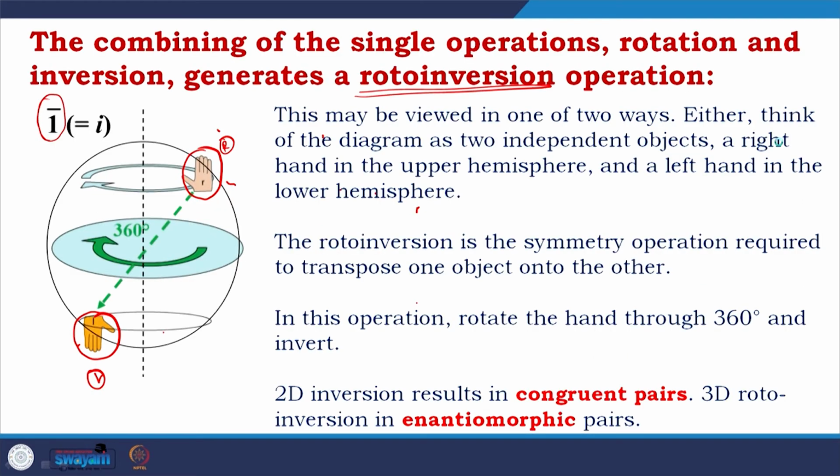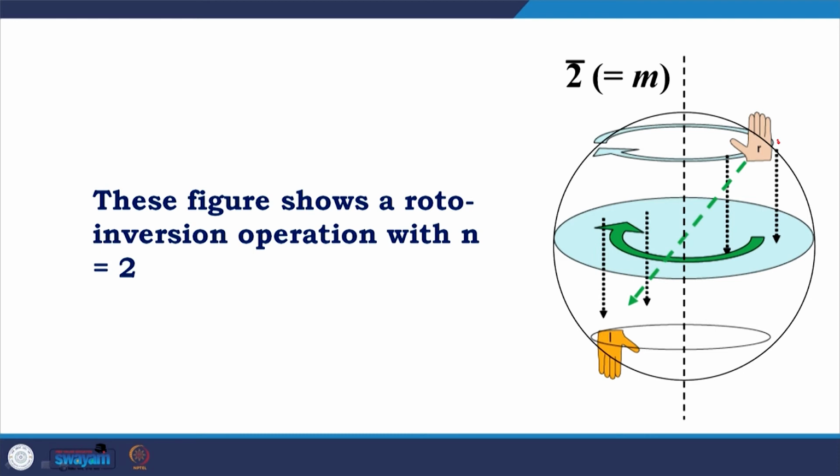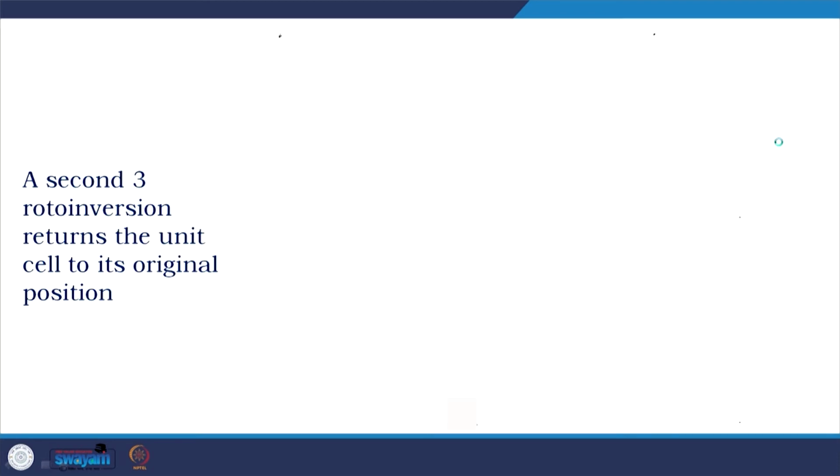Here, instead of the combination of inversion, you have twofold, that is the difference here. Coming to a 3 roto inversion, it returns the unit cell to its original position.